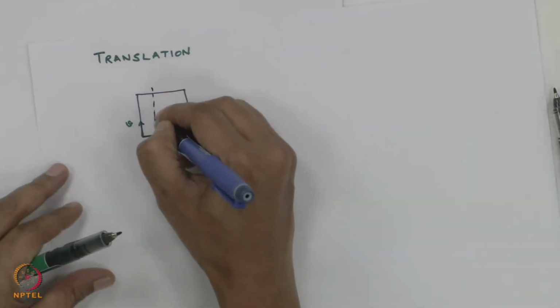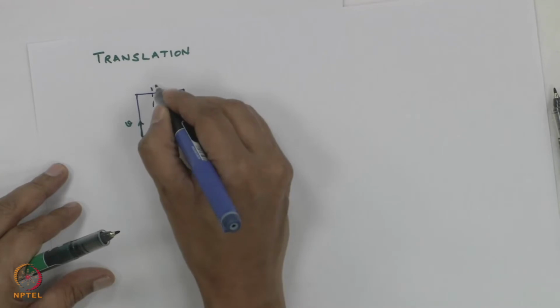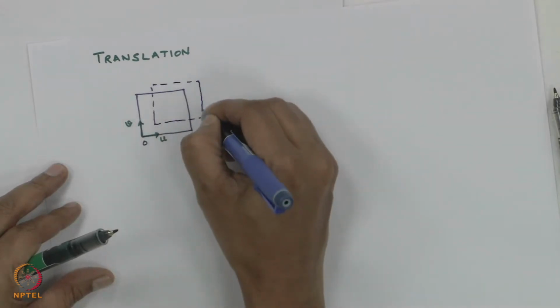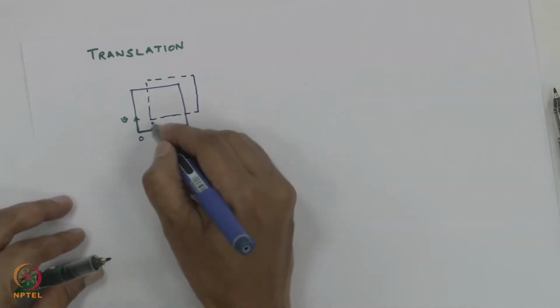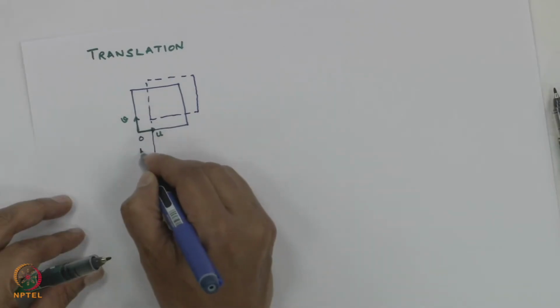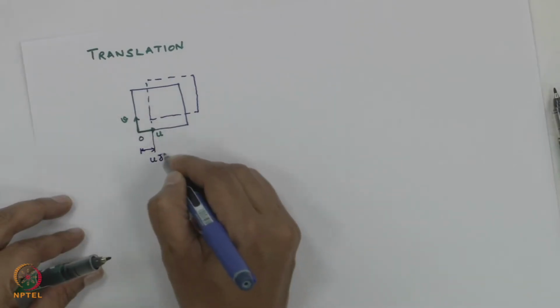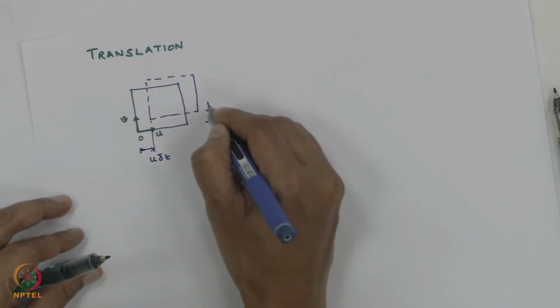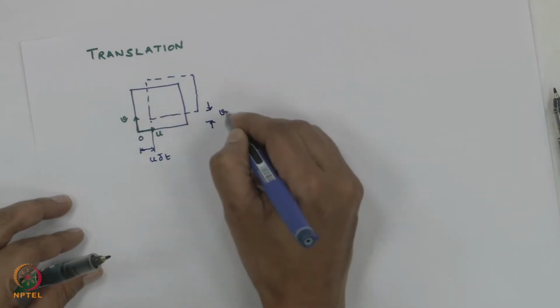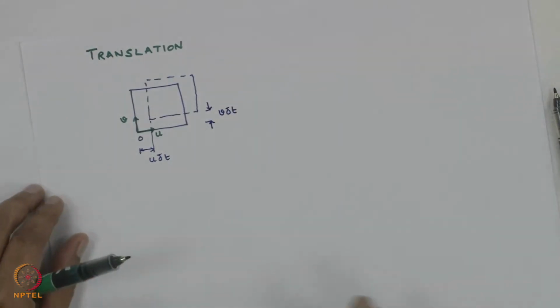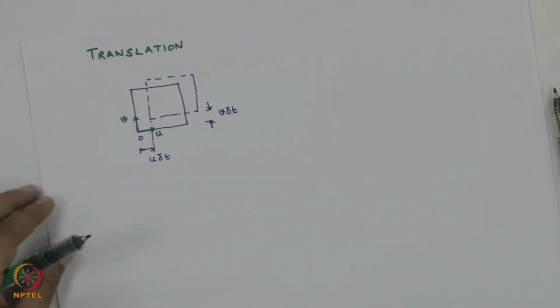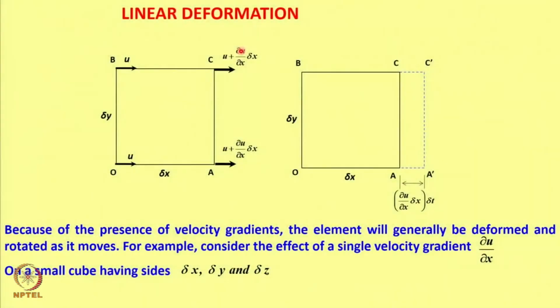Now it has moved to a new location after time delta t has elapsed. So what is the distance it has covered in the x direction? It is u delta t. And what is the distance covered in the y direction? It is v delta t. This is simple translation.